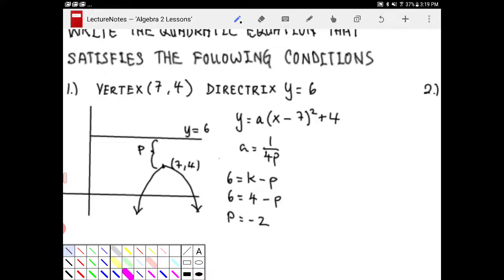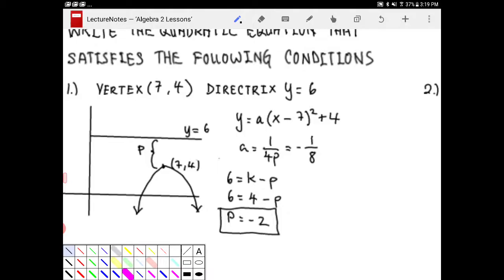Why did I go through this big trouble of figuring out p this way when we could have just done what I did 30 seconds ago and pointed out that 6 is just 2 away from 4? Well, that's because I wanted to show you that the mathematics will reveal what the sign of a is. And if I put this in, you're going to see that a is equal to negative 1/8.